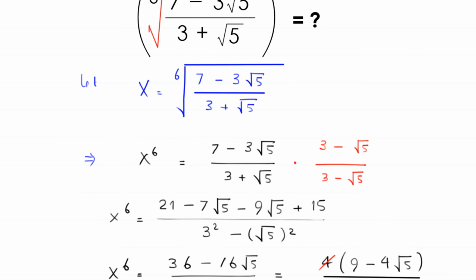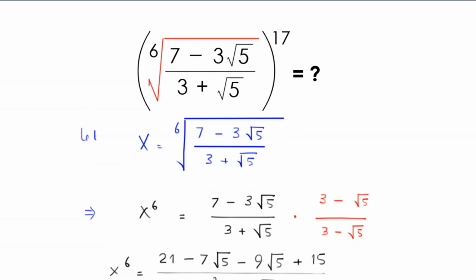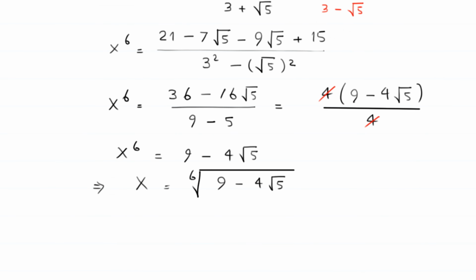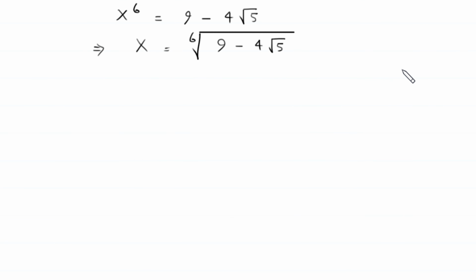Now, because in the original expression we have power 17, we have to find the value of x to the power 17. So we take power 17 on both sides.